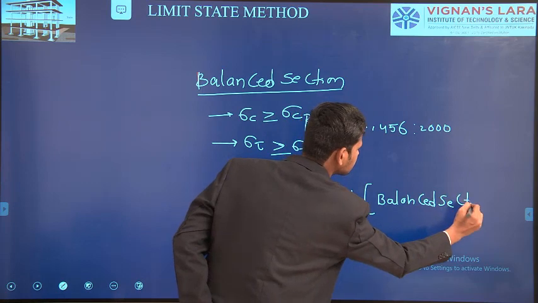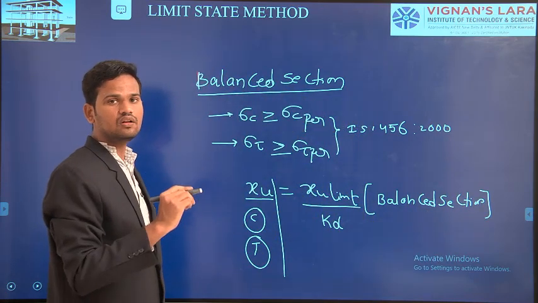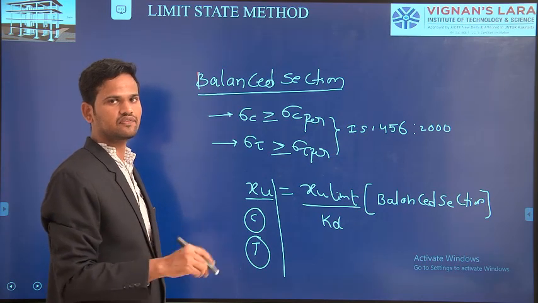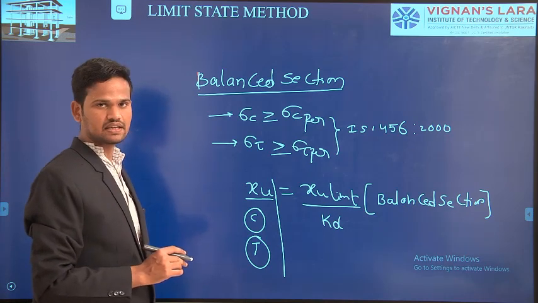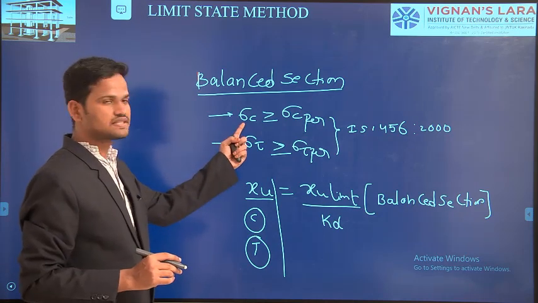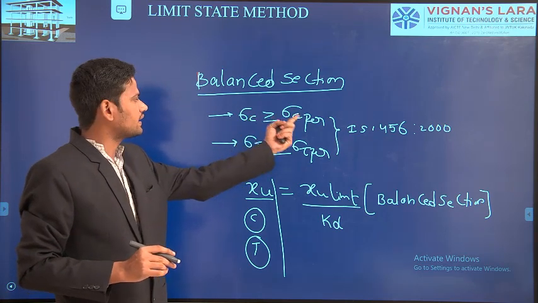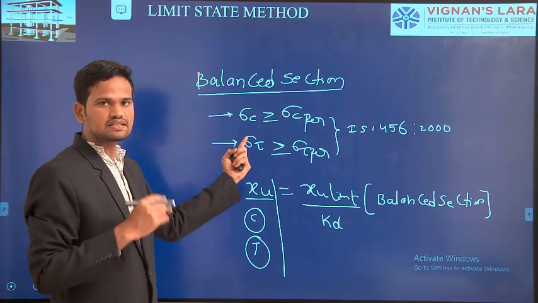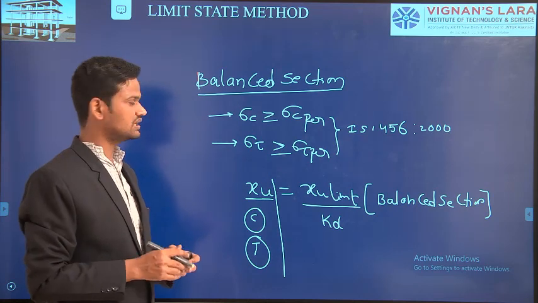In a balanced section, the concrete and steel will fail simultaneously. This is about the balanced section concept. The compressive stress in the concrete will be greater than the permissible stress of concrete. Tensile strains in the steel will be greater than the permissible tensile strain of the steel.